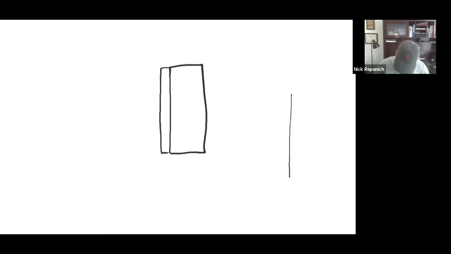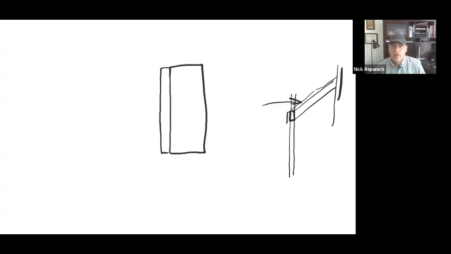If we had the vertical piece here and a vertical piece here, this would be this one. And then there's a carriage on this. So this is that piece right there, kind of in cross section. Follow?